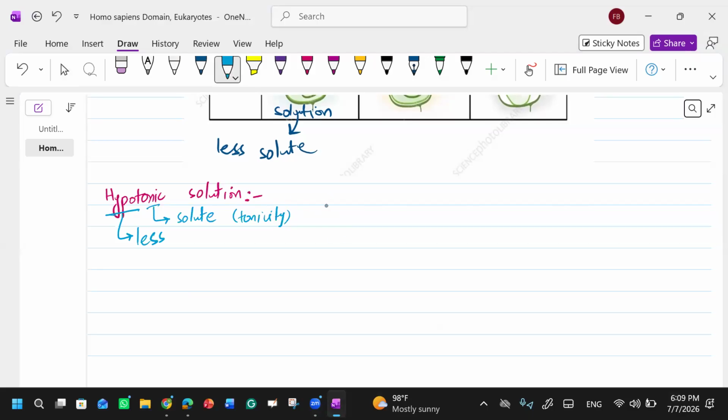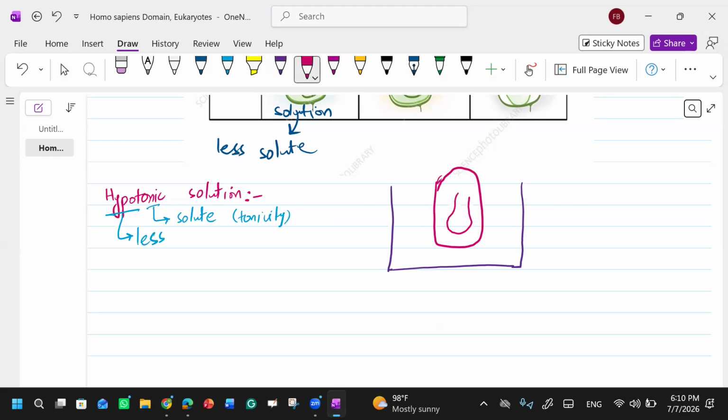What they have mentioned is that if you have this hole and over here there is the cell, they are not talking about the cell.